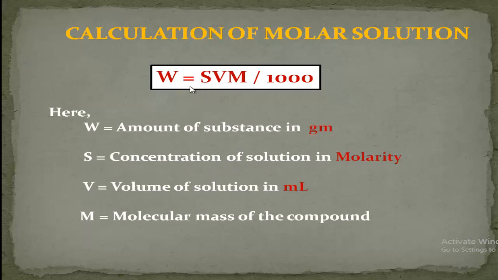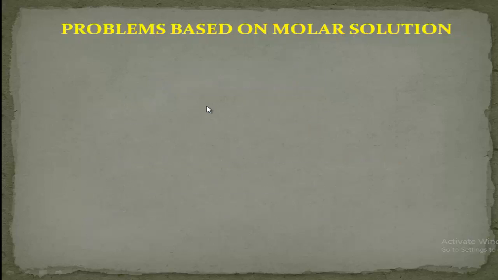I have used S because M is used for the molecular mass of the compound. V is the volume of solution in milliliter, because it is divided by 1000, so the volume must be in milliliter. These are the meanings of these factors. Now we will practice some problems based on molar solution.